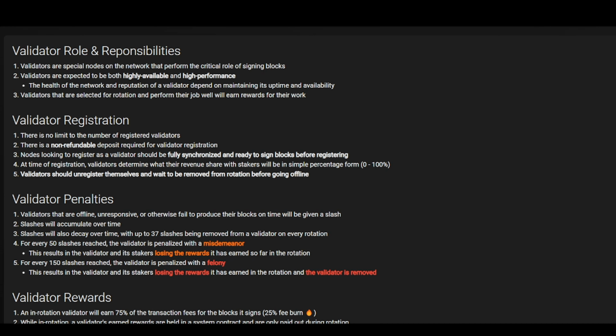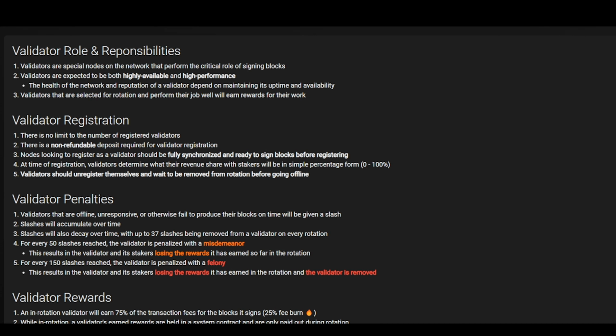The health of the network and reputation of a validator depends on maintaining its uptime and availability. Number 3, validators that are selected for rotation and perform their job well will earn rewards for their work. And I'll show you guys this in just a few moments on what they are talking about.